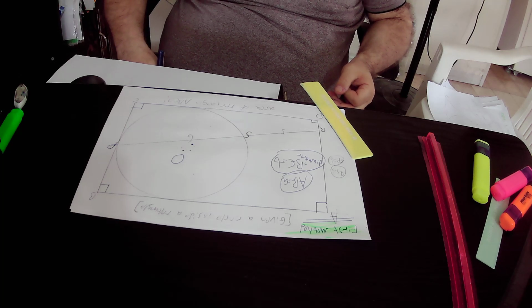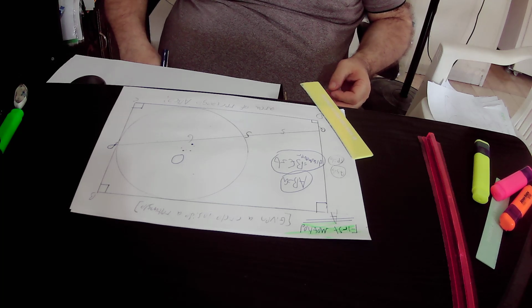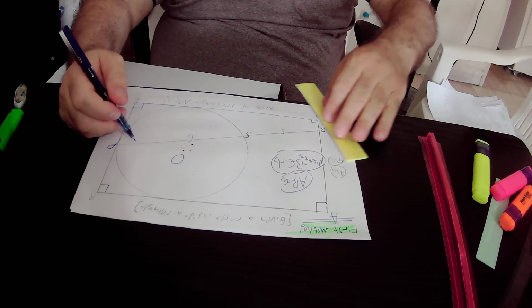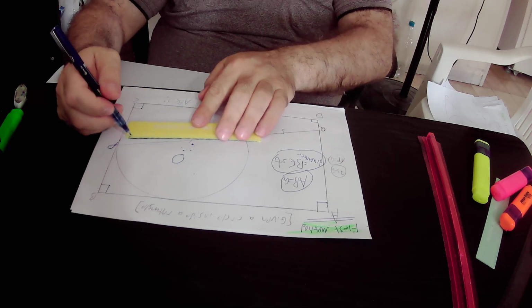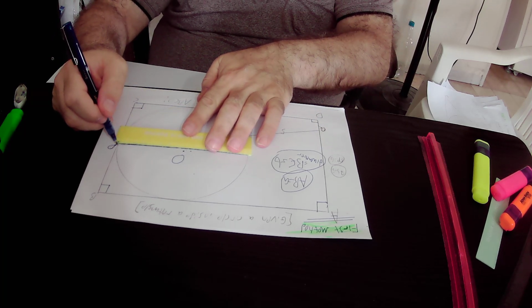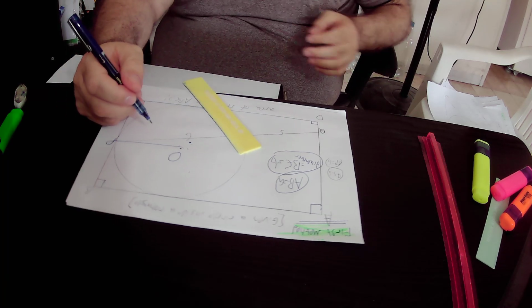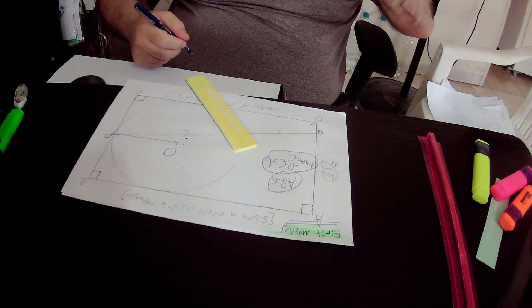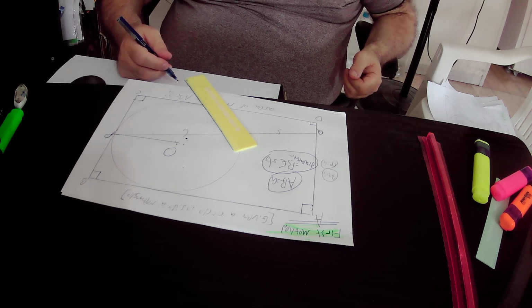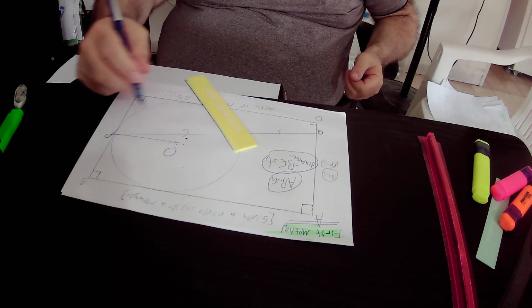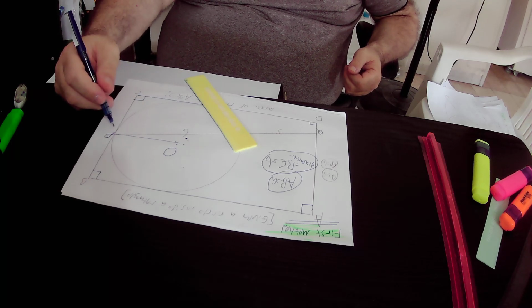And here we will join points O and P together by a straight line. Point O is the center of the circle, and point P is a point on the circle itself.